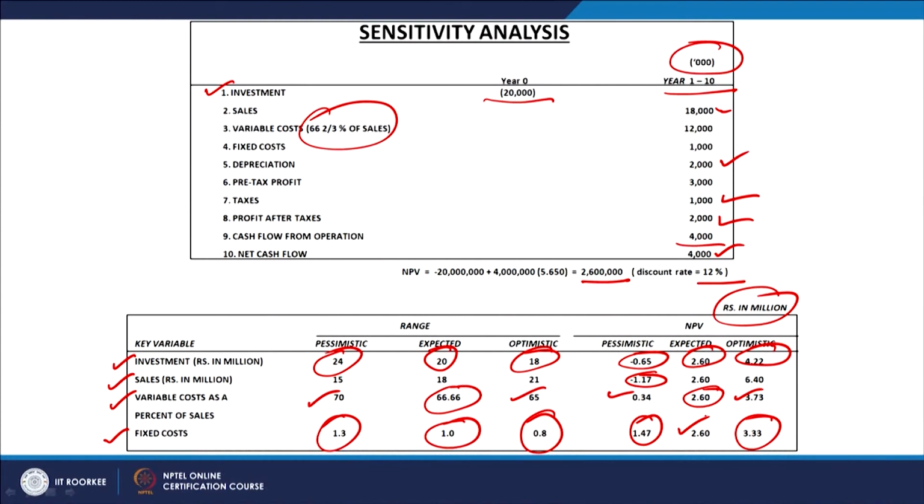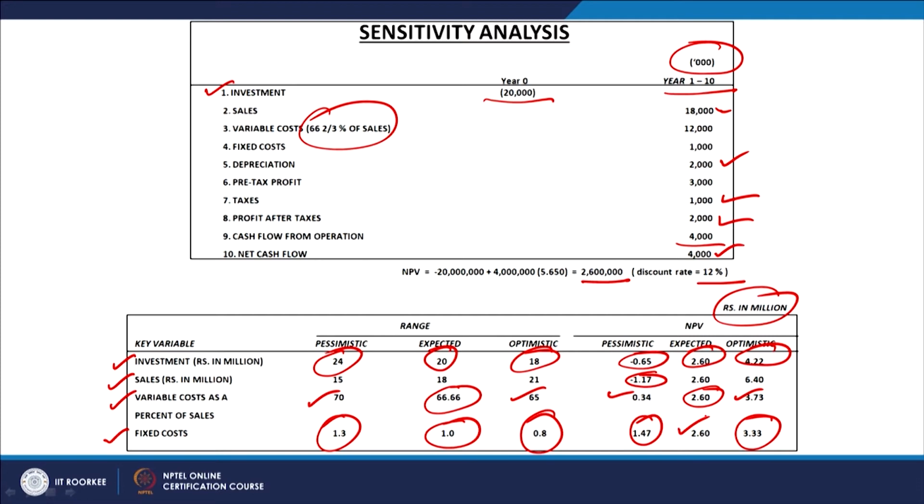There are some negatives also associated with this. The first negative part of sensitivity analysis is this: say we are talking about sales not being as anticipated but less than that. For example, we have seen that sales are not going to be 18 millions, but 15 millions.